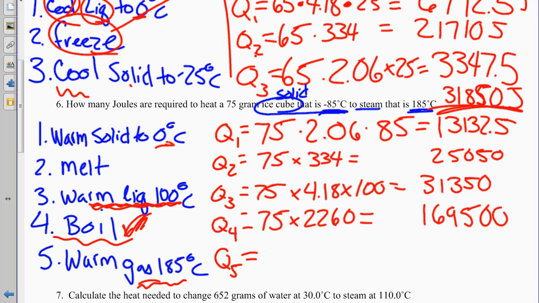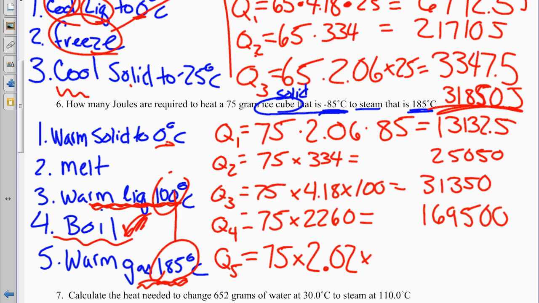Last but not least, I am now a gas because I've boiled. I want my gas to go to 185, so I'm going to take my 75 grams of water there, and multiply the C for a gas, which is 2.02, and then, very careful, we already paid to go to 100, I just need to go up 85 more degrees, and I'm going to be at 12877.5.